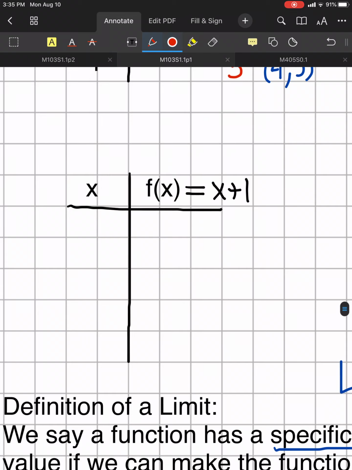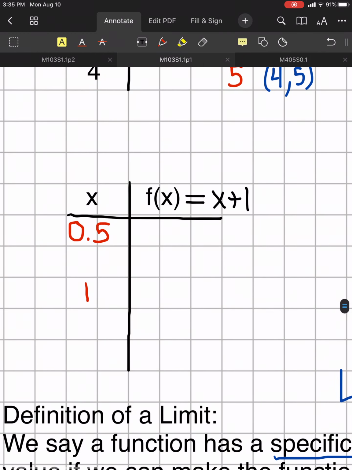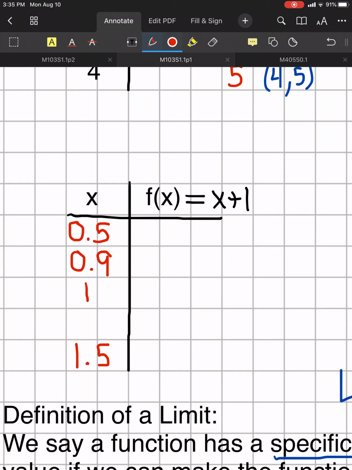So if our limit is at 1, we want values close to that. So one way to do that is to pick values that instead of being 1 apart, we just get closer and closer in. So I'm doing 0.5, 0.9, and on the other side 1.5 and 1.1. So you can see that those are getting closer to 1.